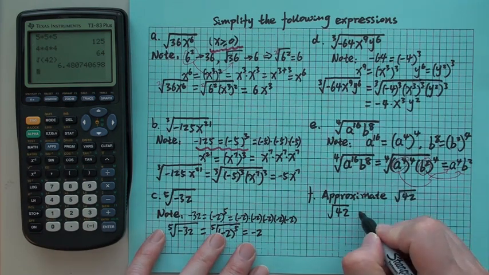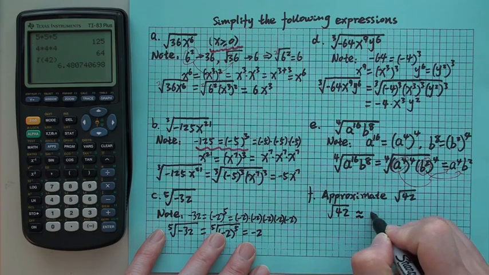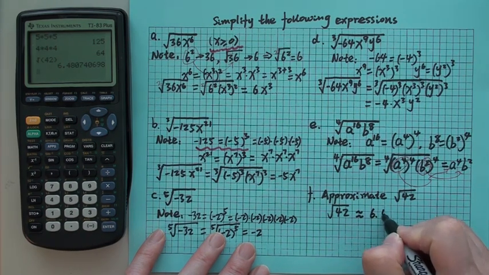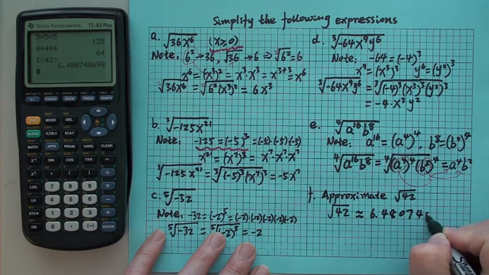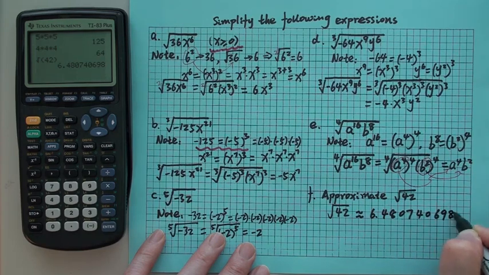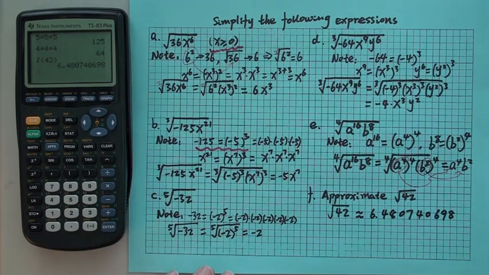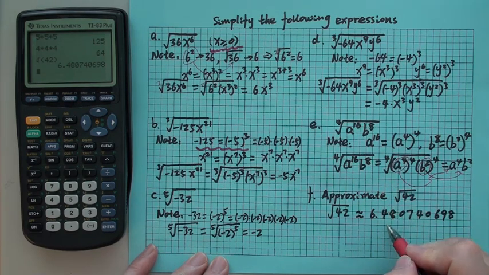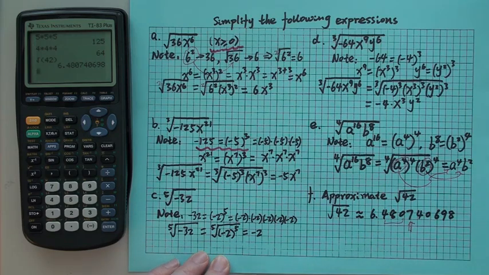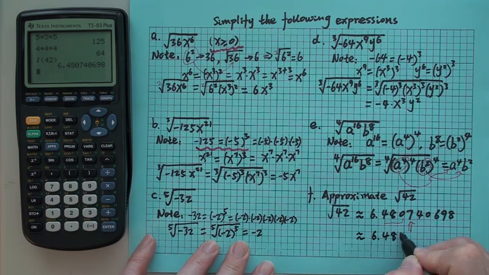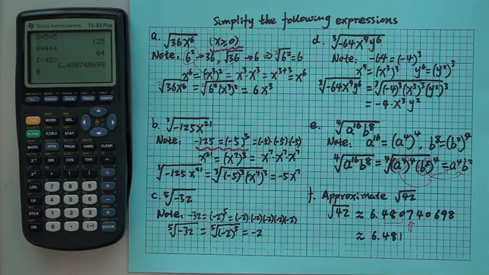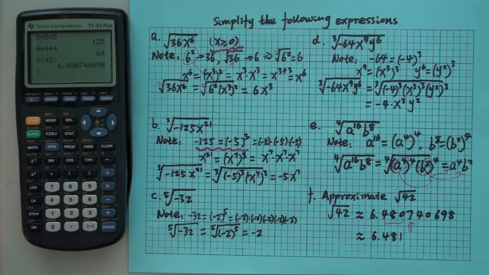Then it approximately equals 6.480740698. If you need 3 decimal places, then here the digit is 7, which is greater than or equal to 5, so the final answer will be 6.481. Please review this lecture. I'll see you next time.